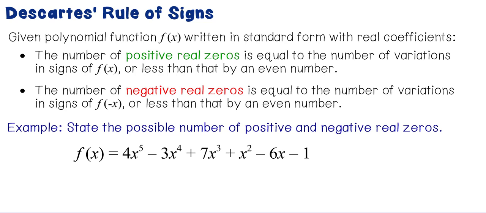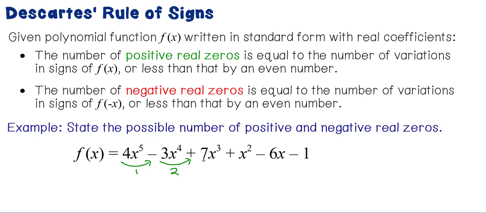So the first thing I want to review is Descartes' rule of signs. Basically the way this works is the number of positive real zeros is equal to the number of variations of signs. So if we look below, this 4 is positive, so it changes to negative, so that's one variation. The negative changes to a positive, so that is a second variation.